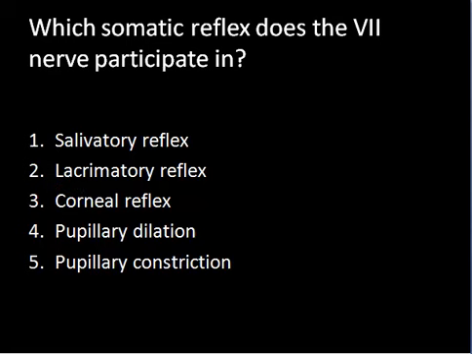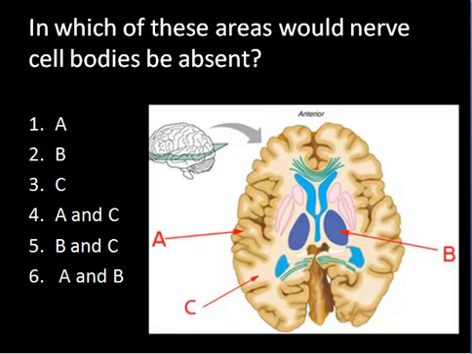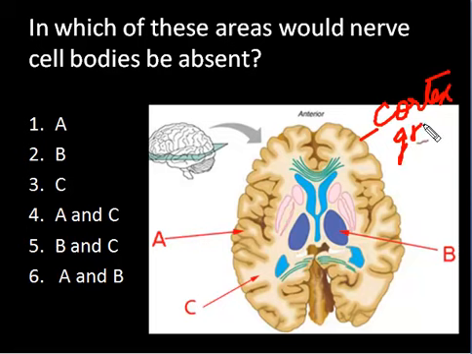Now let's look at this next question, which asks you, in which of these areas would nerve cell bodies be absent? So let's identify the areas. A, which is the outer rim of the cerebral hemispheres, is known as the cerebral cortex, or is also called gray matter. B is a nucleus, which you see, this nucleus is known as the thalamus.